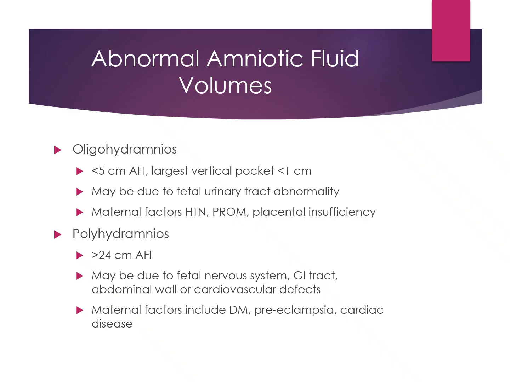That would be oligohydramnios. The vertical pocket, if it's anything under 1 centimeter, would be considered that. And this will generally signify to us, okay, something is not right. Baby is not thriving in there. We could have some fetal factors, so urinary tract abnormality, or some maternal factors.